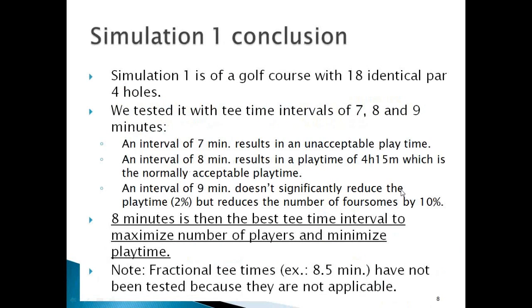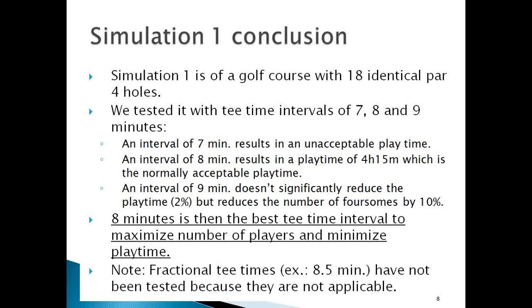The conclusion of that first simulation is that if we have 18 identical par 4 holes and we test it with tee times of 7, 8, and 9 minutes, 7 minutes is unacceptable, 8 minutes gives a reasonable 4 hours and 15 minutes, which is normally accepted play time, and 9 minutes doesn't reduce the play time but reduces the number of foursomes by 10%.